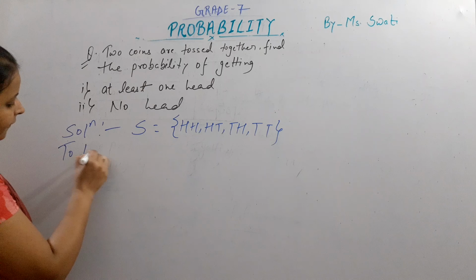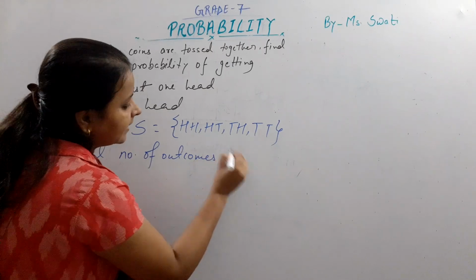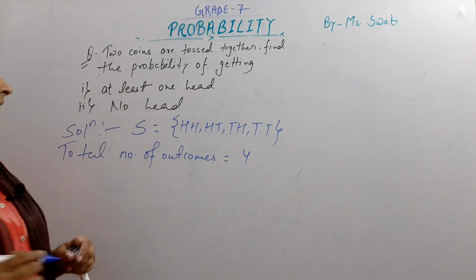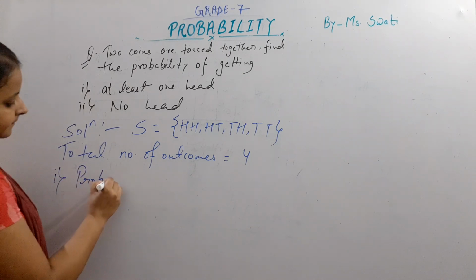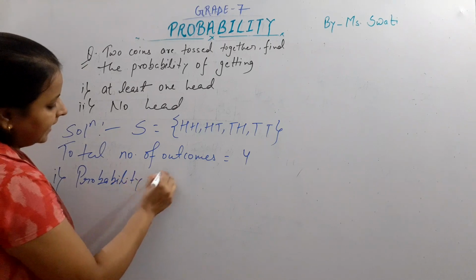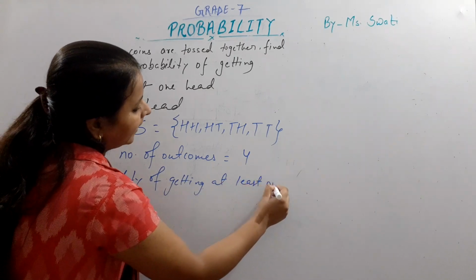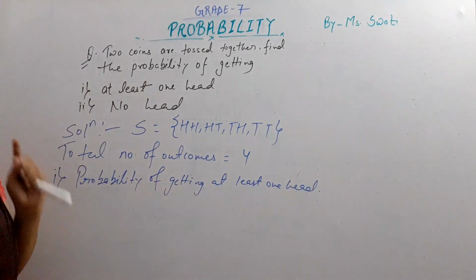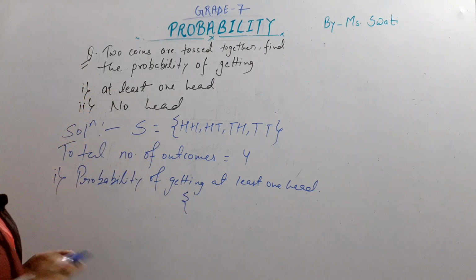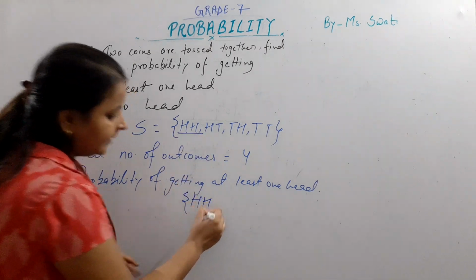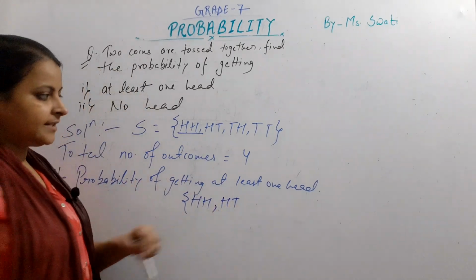These are the outcomes. So here the total number of outcomes is equal to 4. Now what we have to find out? We have to first find out the probability of getting at least one head. It means the outcomes have at least one head. In head head, 2 heads are present. Head tail, 1 head is present.